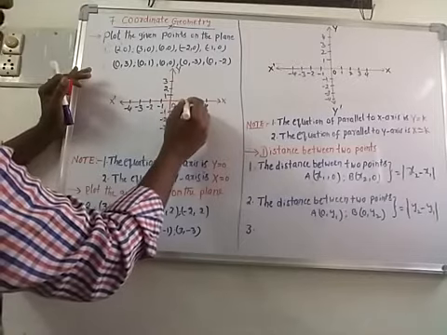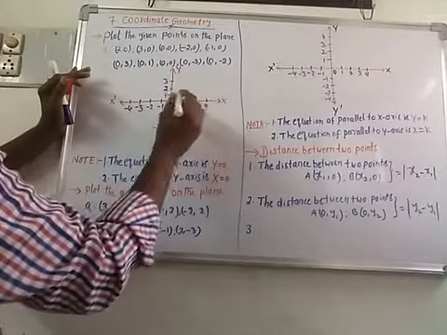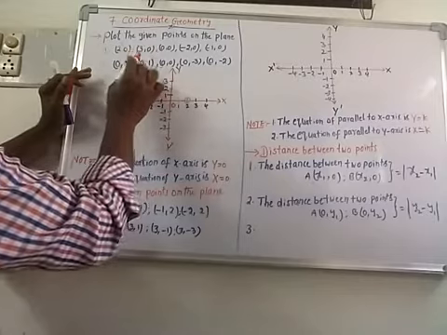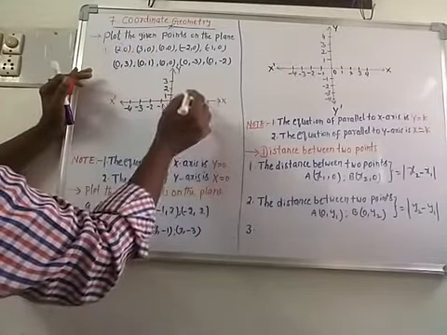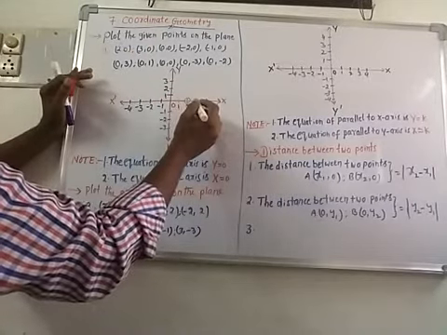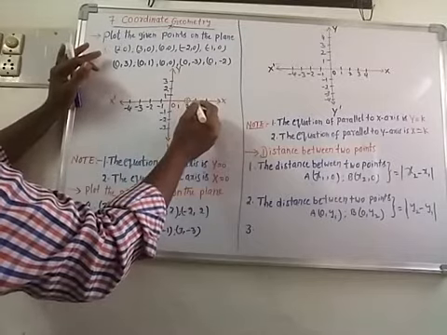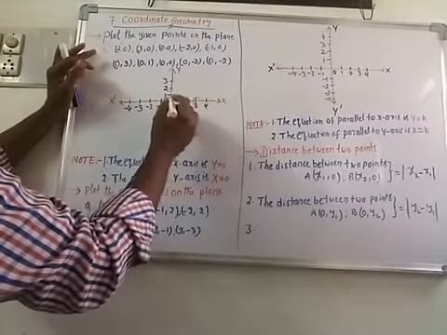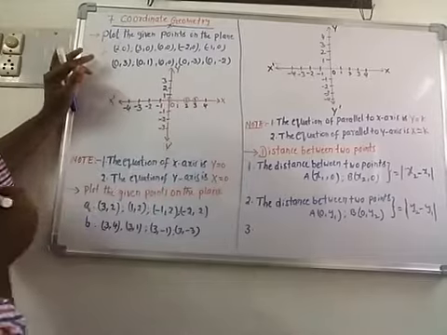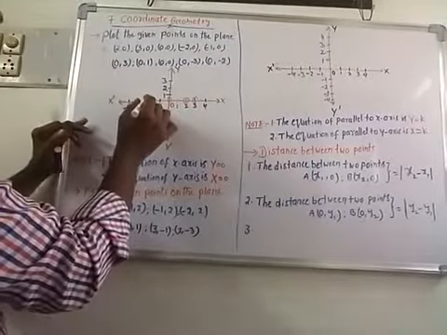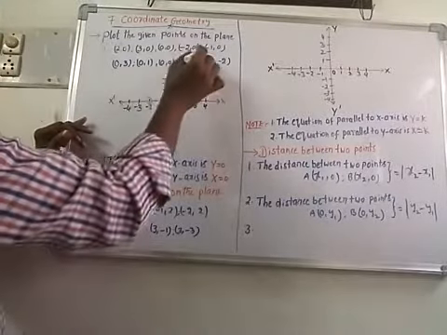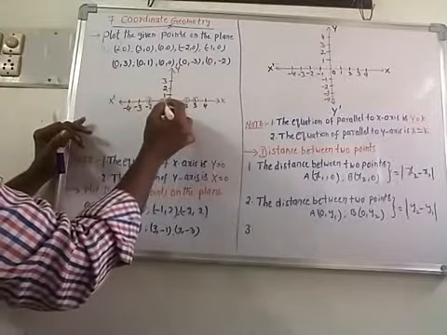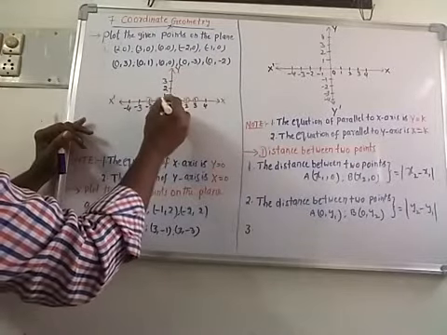So this is 2 comma 0 and this is 3 comma 0, and 0 comma 0, and minus 2 comma 0, and minus 1 comma 0.